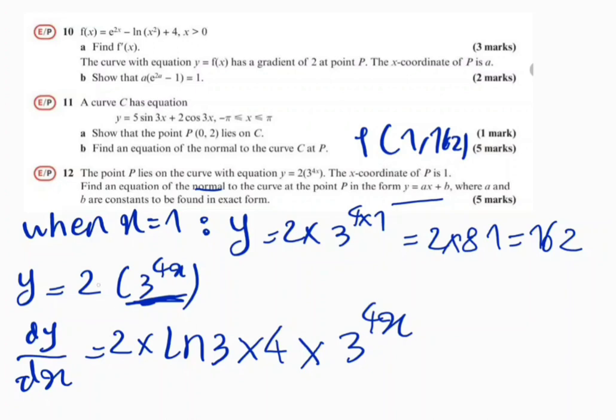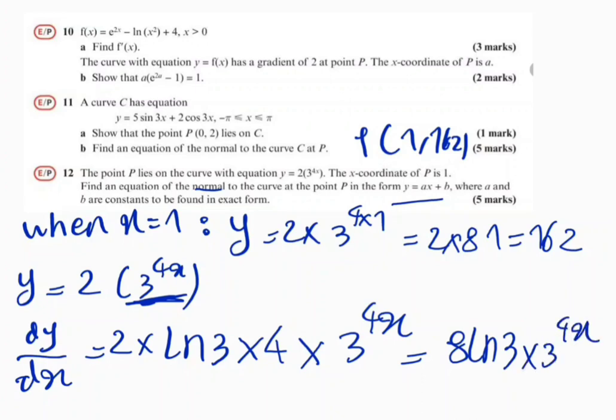You can memorize this in different ways, but this is one way of memorizing it: the natural log of the base, times the derivative of the power, times the entire function. Now we can simplify this, which gives us 8 ln 3 times 3 to the 4x.